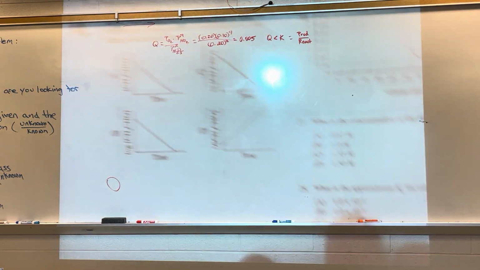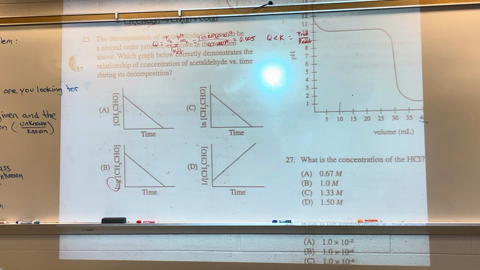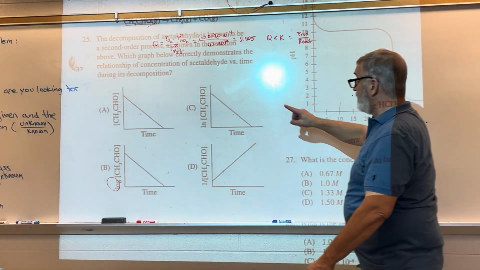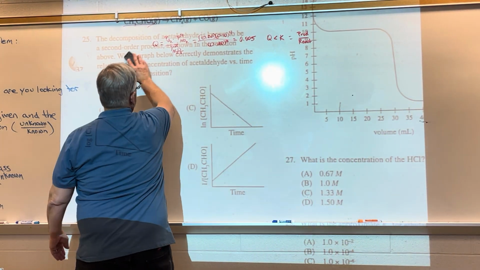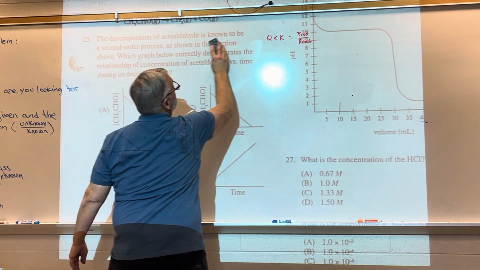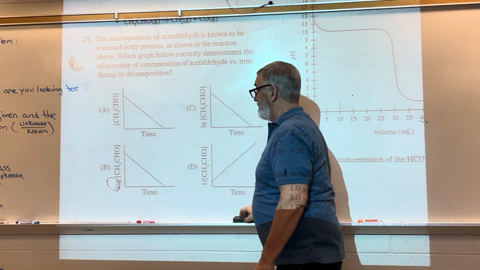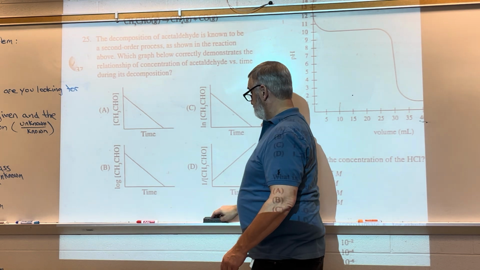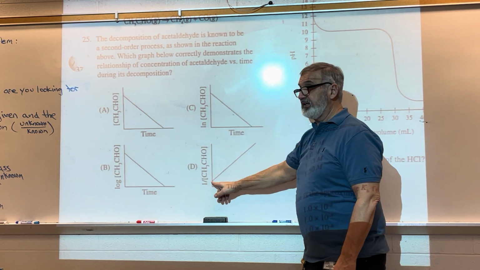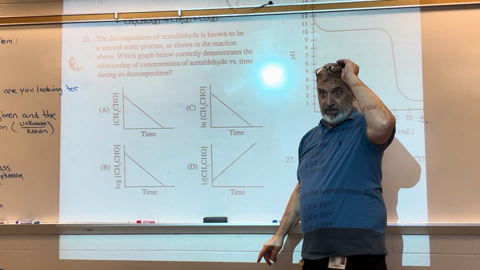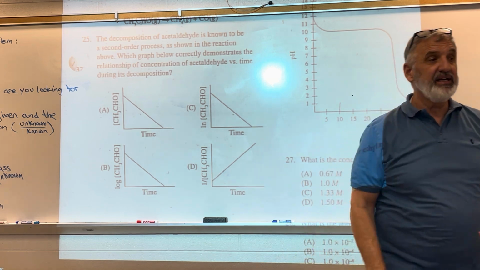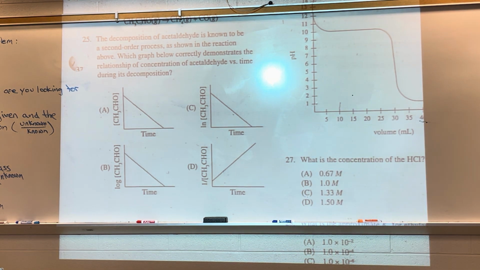All right, this one just goes back to straight line. It's second order. So second order is 1 over the concentration, right? Now, let's say that you forgot the equation.